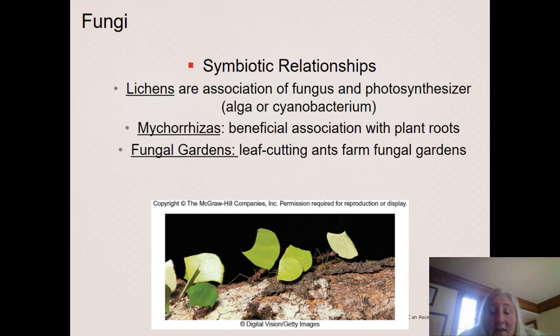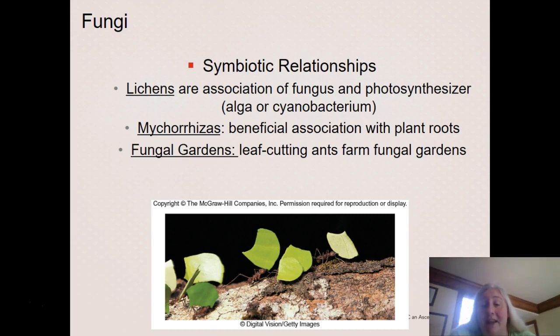And then we have fungal gardens. These are kind of cool. So ants are a really cool type of animal. And they live in colonies, and they all have their jobs, and they're very efficient at doing their jobs. Everybody does what they're supposed to do.